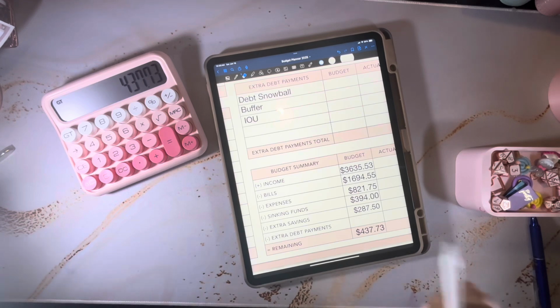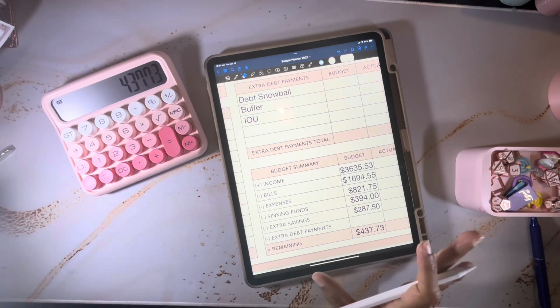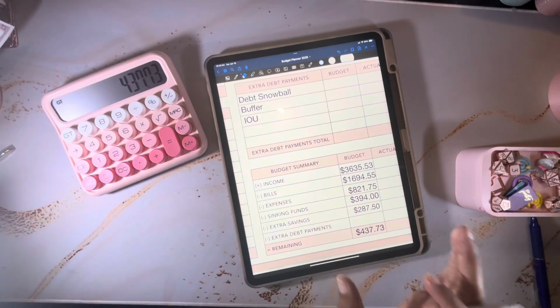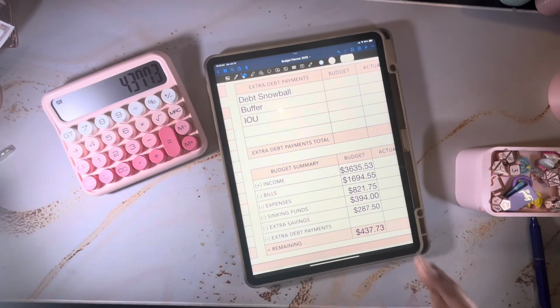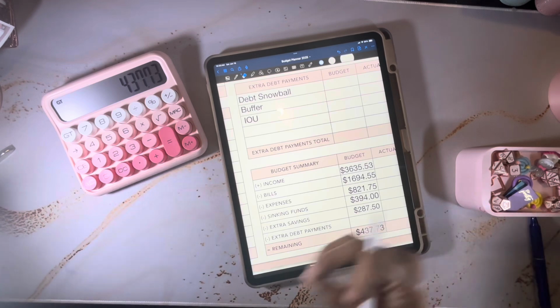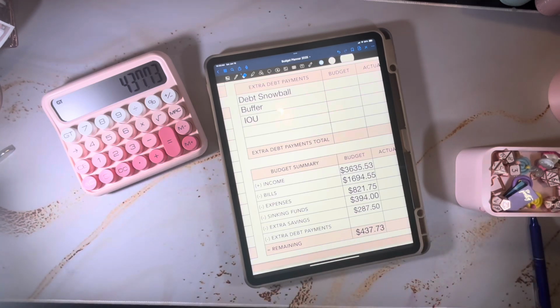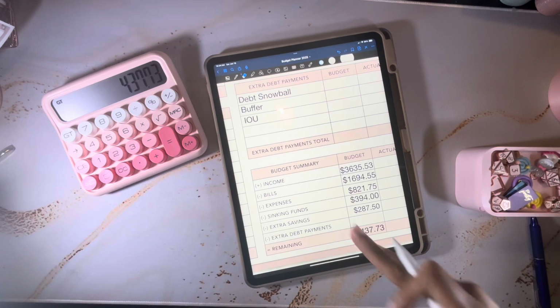So I'm going to leave the $437 here, and then I will sort out whether I need to move this money over or not. I'm going to have to make a mental note, because if I don't move the money, then I have to remember, hey, Tiffany, when I'm trying to figure out why I have this extra money, you guys remember this day.